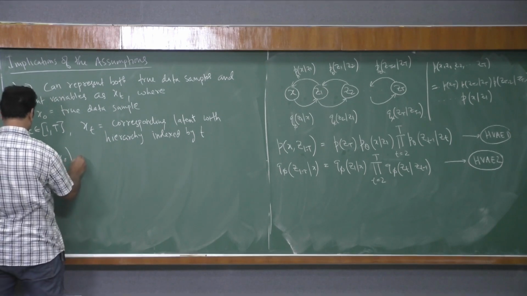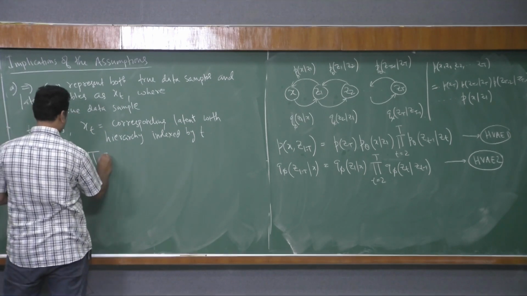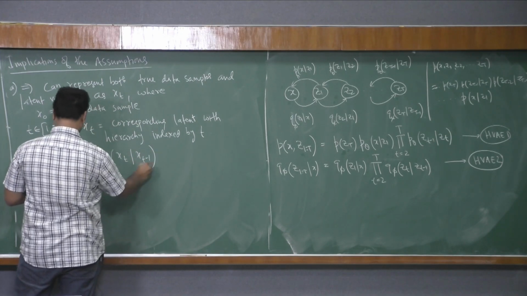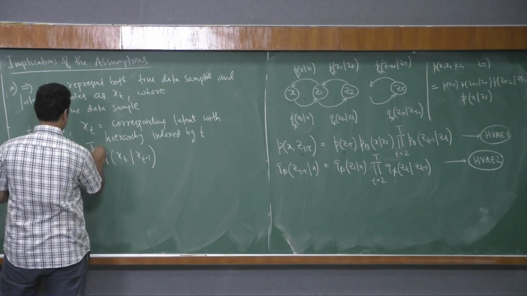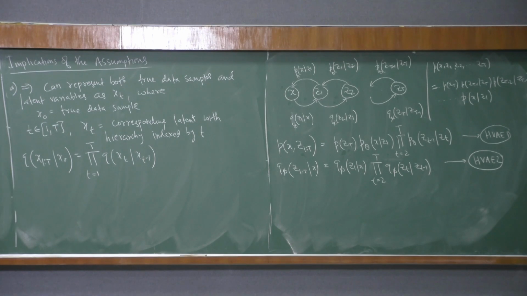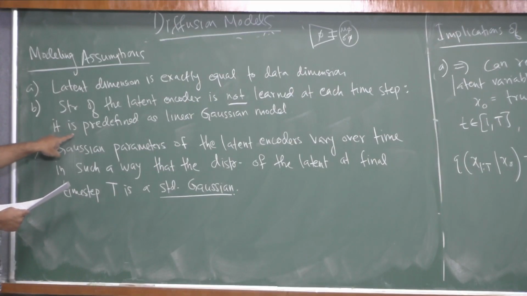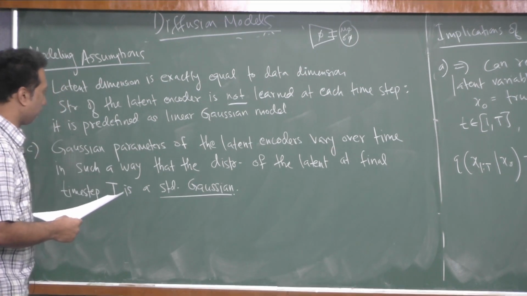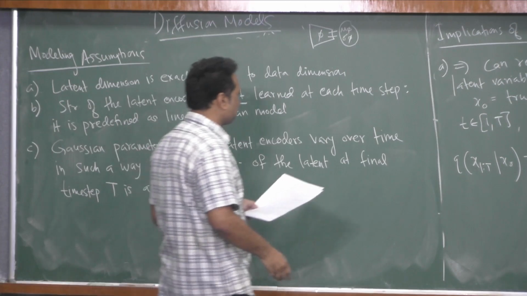This is a simple thing. Very simple step here, there's nothing much to do. Now let us look into B. The structure of the latent encoder is not learned at this time step. It's predefined as a linear Gaussian model. Let us see the implication of B.